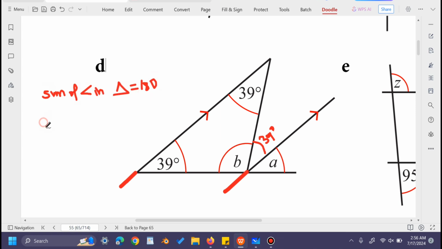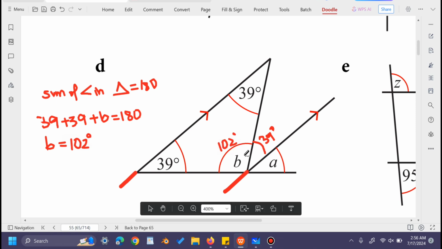So we can say that 39 plus 39 plus b is equal to 180 degrees, and we can say that b is equal to 180 minus 39, and that will give us b, which is 102 degrees. So now we know this is 102 degrees, right?